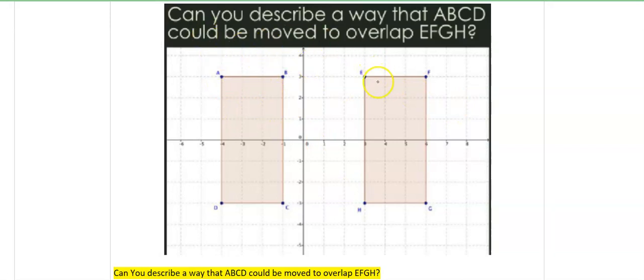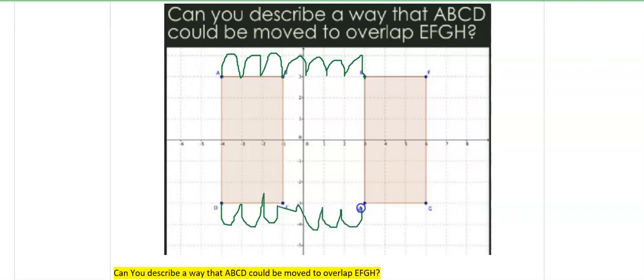So A needs to match up with E. So if I count this, there's 1, 2, 3, 4, 5, 6, 7 spots to move from A to E. I notice if I check D to H, again, it's going to be the same distance. 1, 2, 3, 4, 5, 6, 7. If I check the other 2 points as well, it will all be moved to the right 7 spots.